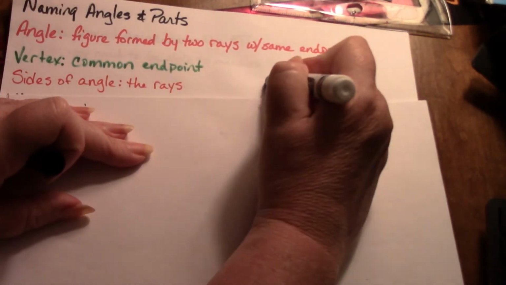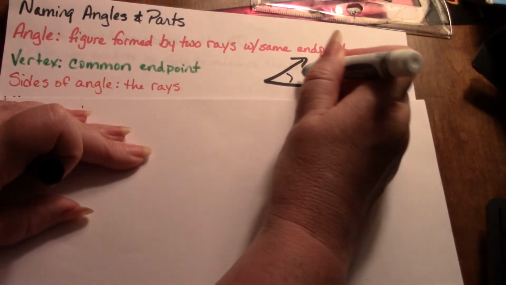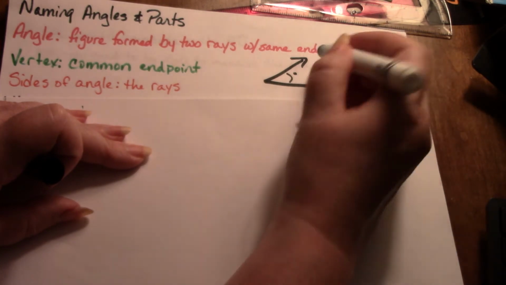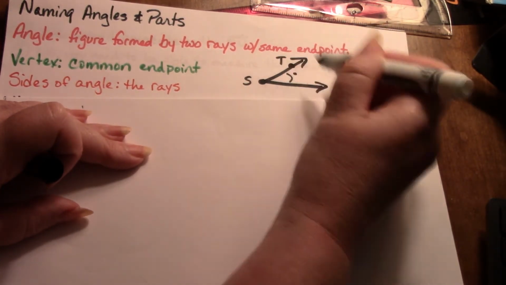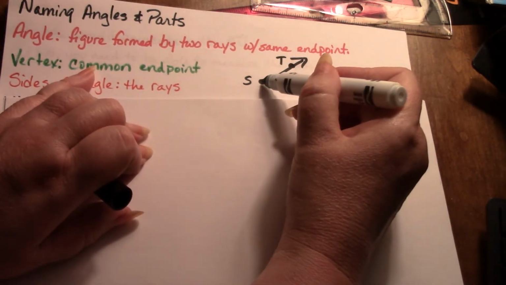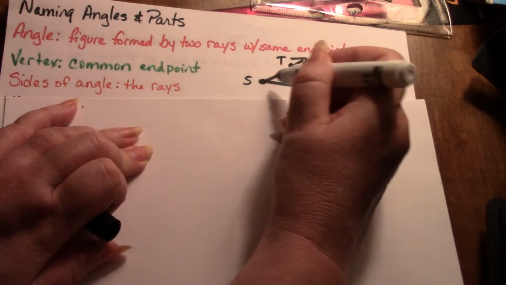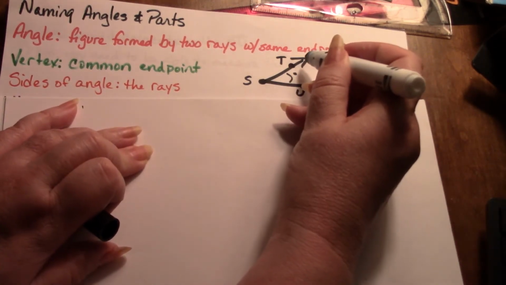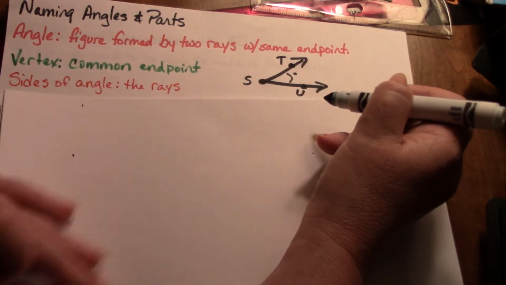Essentially, you have an angle, and that's measured in degrees. This is a ray, ST, and this is a ray, SU. And the vertex is the common endpoint of both ST and SU. ST is a side, and SU is a side of the angle.